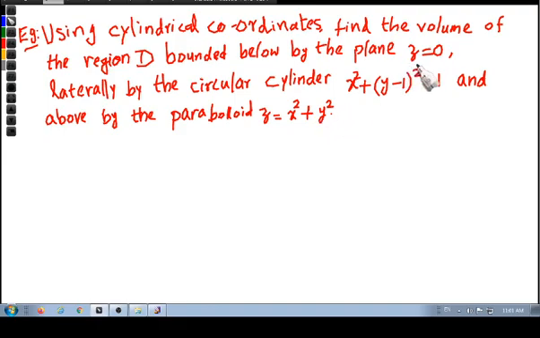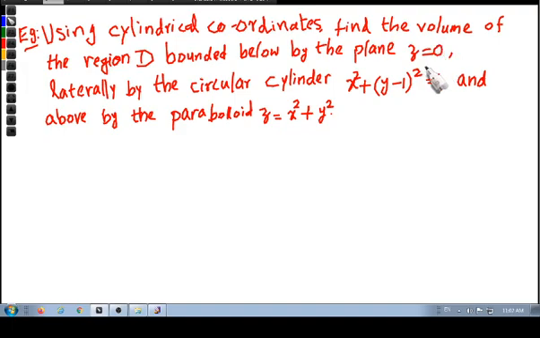So plane z is equal to 0. That can be considered as an equation in the Cartesian coordinates or equivalently in the cylindrical coordinates, because in the Cartesian coordinates there is a z, in the cylindrical coordinates also there is a z, and both are the same.